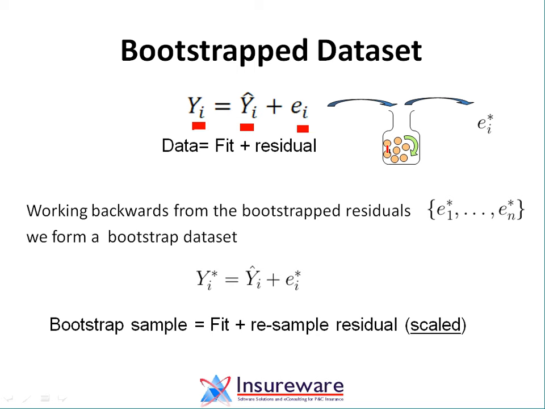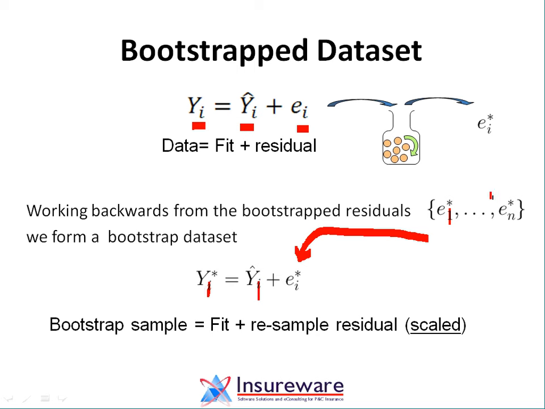You put them into a flask, you select one at random, let's call it E1 star, comes out of this flask at random. It might be the residual of the fifth observation, Y5. And then you apply that residual, possibly scaled, to the first fitted value, and this results in the first bootstrap datum.